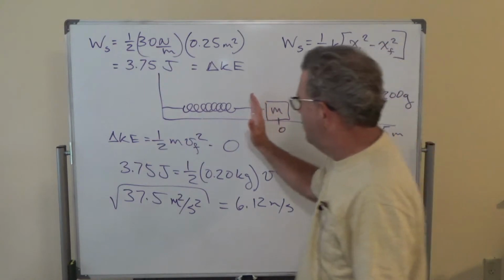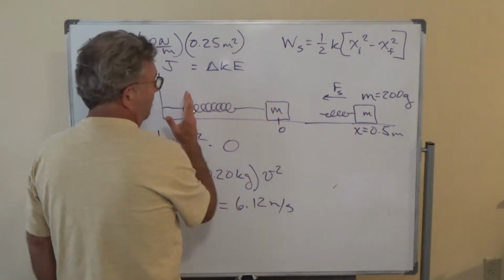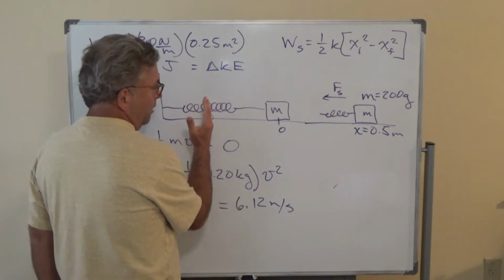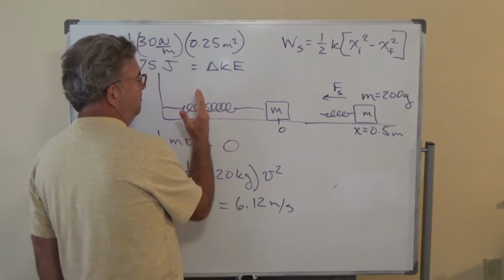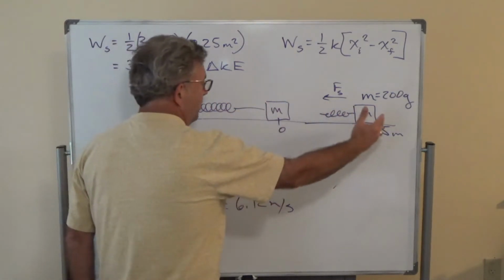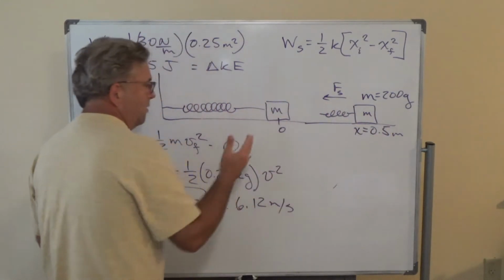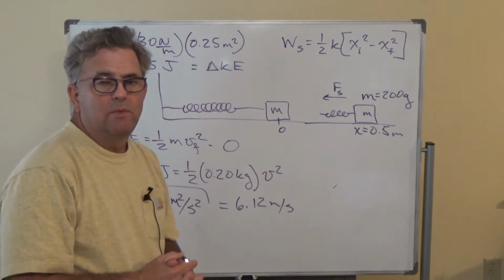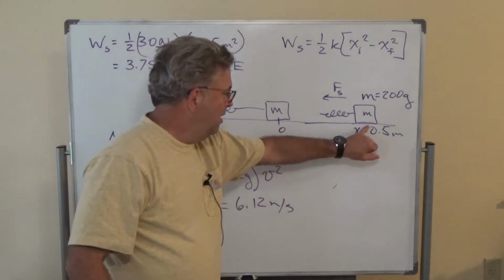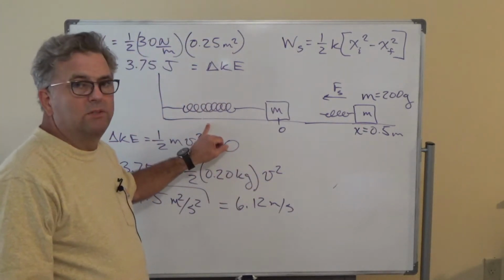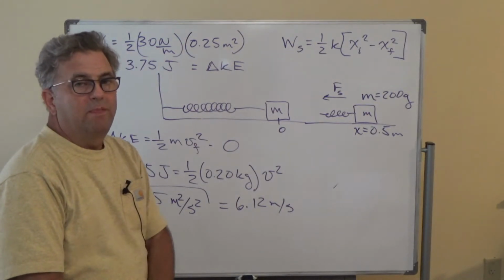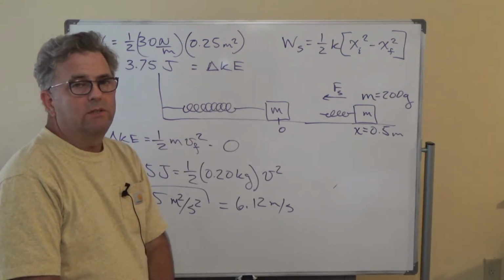It releases it, goes back over here, and stops again where the energy given to the system equals the work done by the spring going over here. And you get this oscillation back and forth. The change in kinetic energy from here to here is 0.